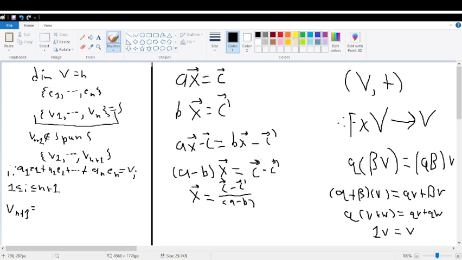Oh, I think I'm starting to get it now. These are all non-zero. It's important to note that these are all non-zero.